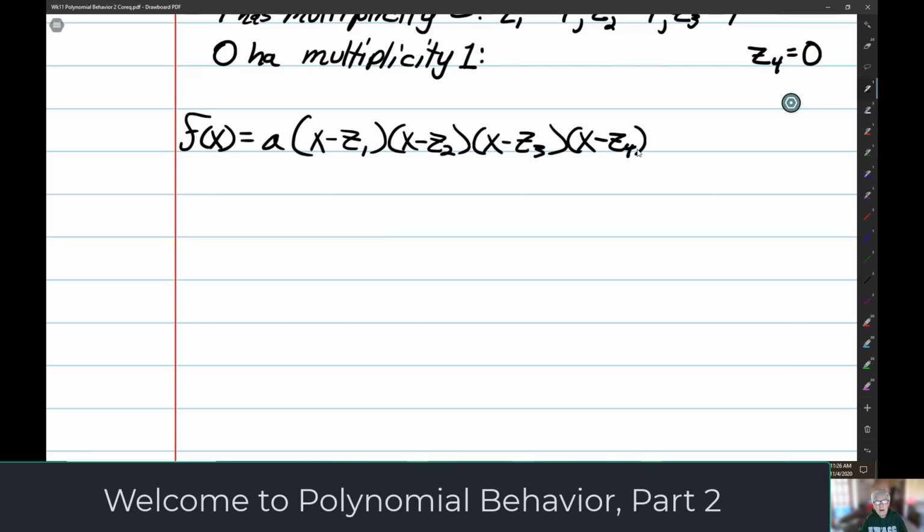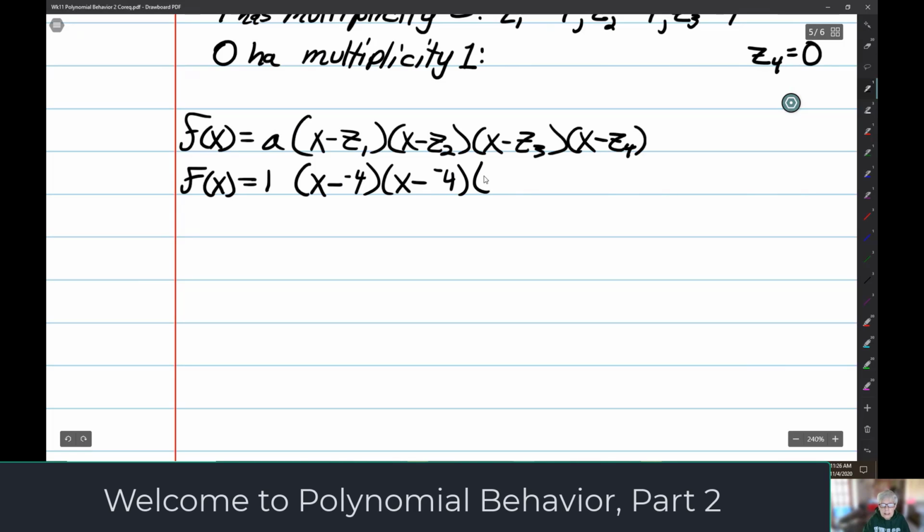That's not fun. No, let's not get that many zeros. F of x equals 1 times x minus negative 4 times x minus negative 4 times x minus negative 4 times x minus 0.